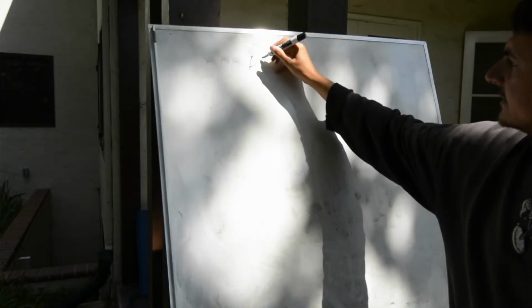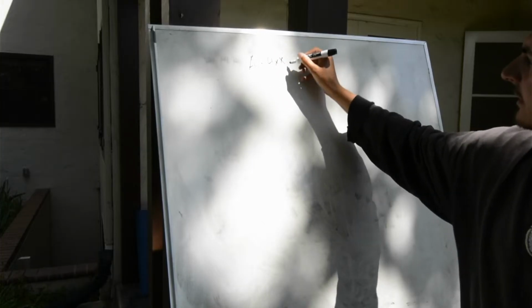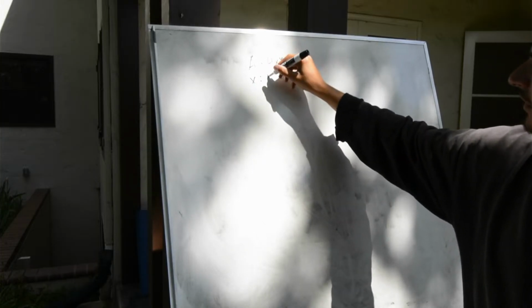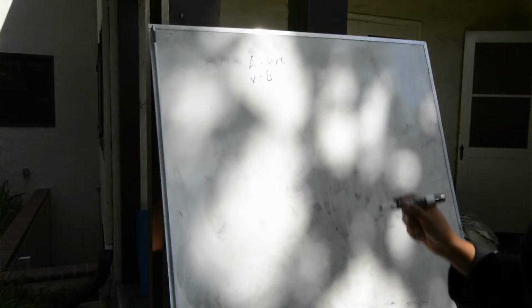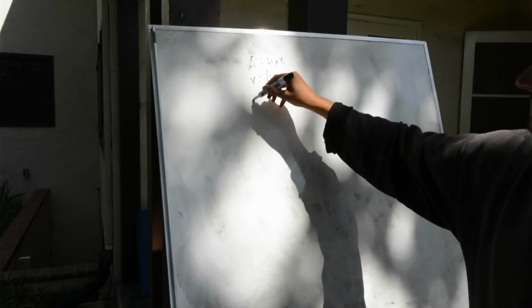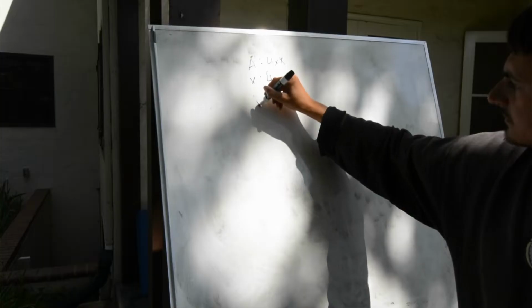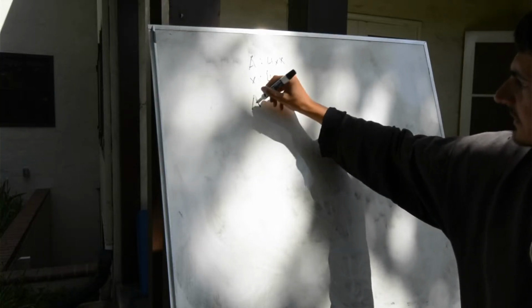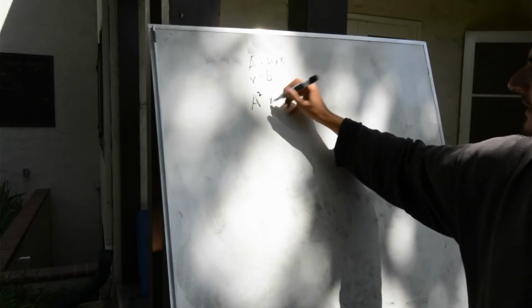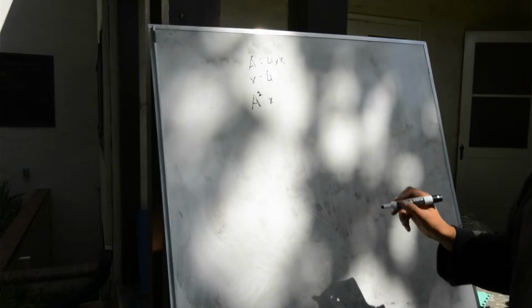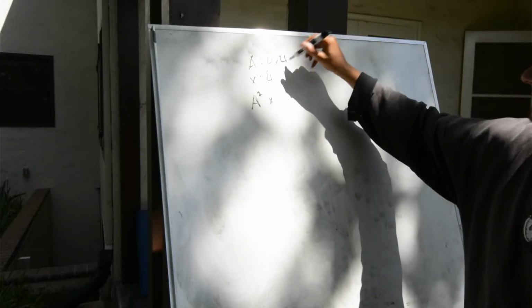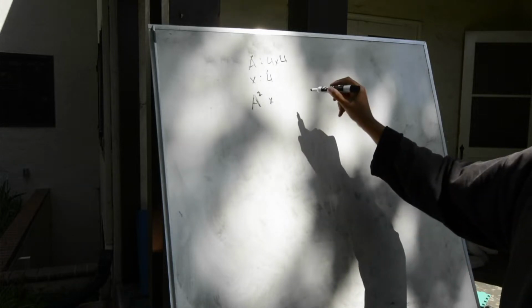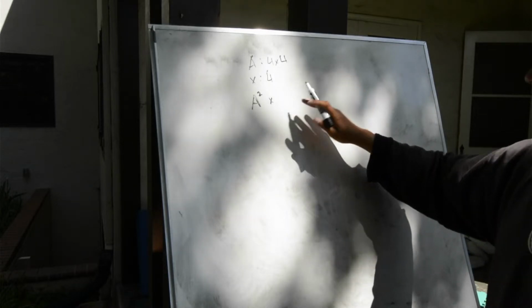Okay, so A is a 4x4 and X is in R4. So computing A squared X. Let's just do it with a 2x2 and a 2.